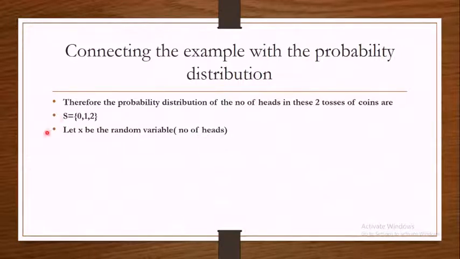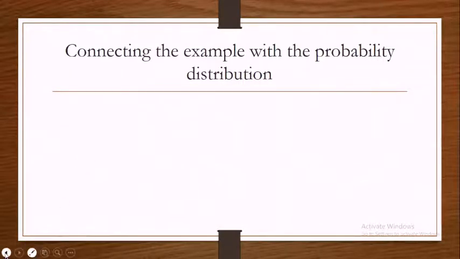So for the first trial, I toss it 2 times and I get no heads. Both times I got the tail. Then there will be an instance where I get one tail and a head. So that you can see here in the previous slide.